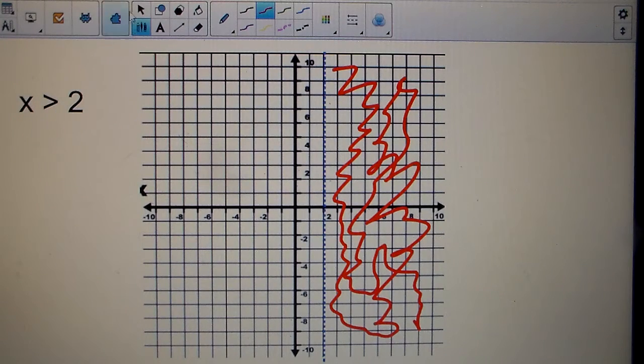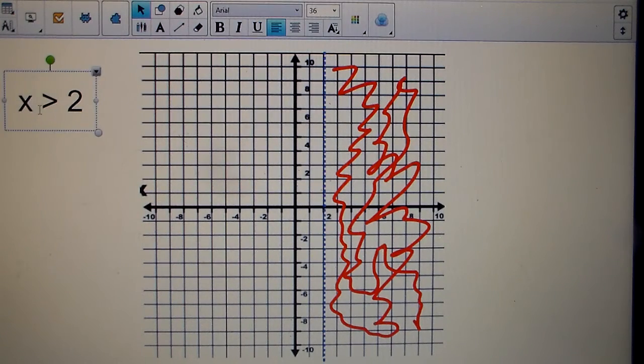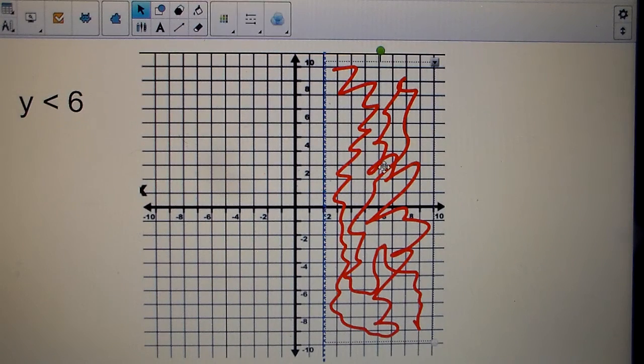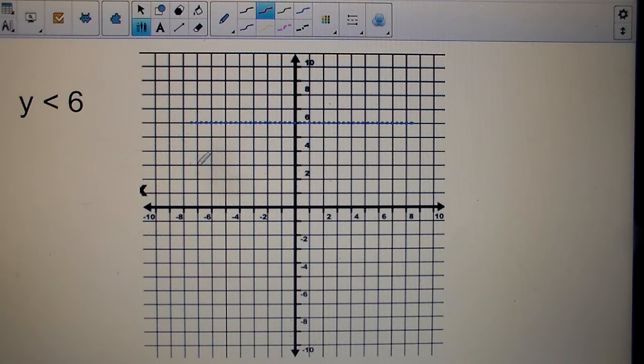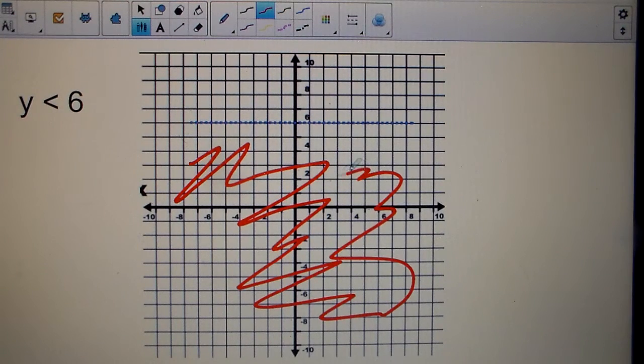And if you had y is less than, last little scenario, let's say y is less than 6. I make my nice little dashed horizontal line, and then since it's less than, I shade below that horizontal line. Make sure that horizontal line goes all the way across, so it's nice and pretty.